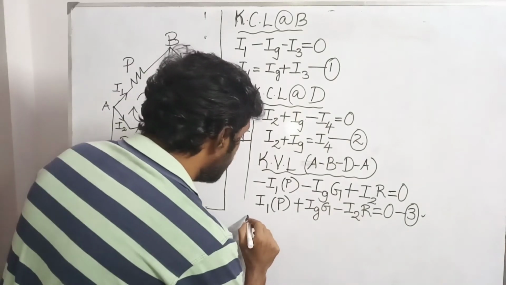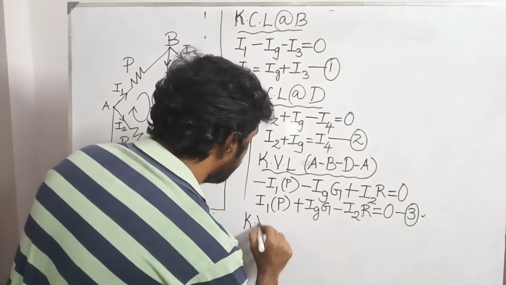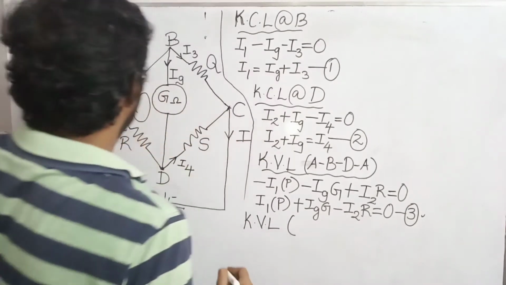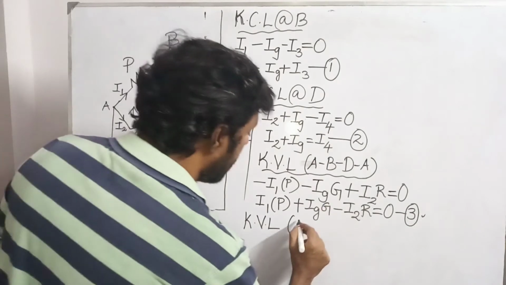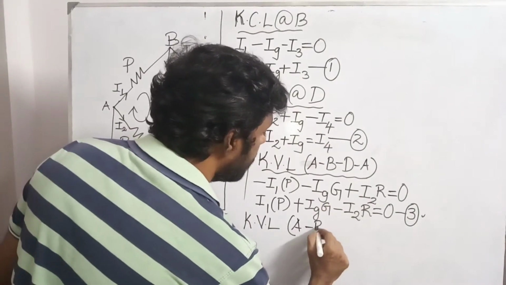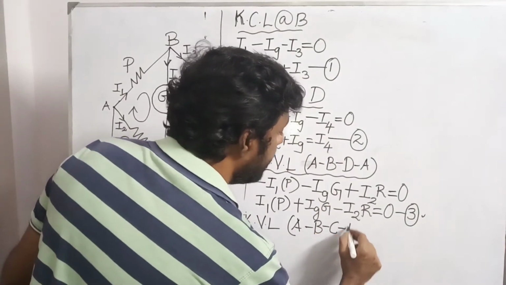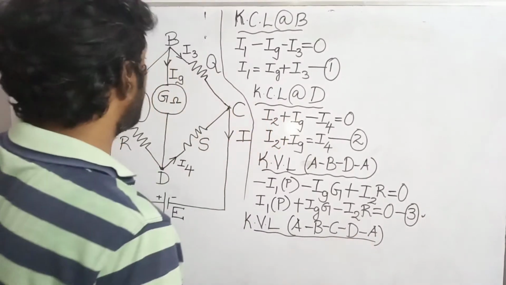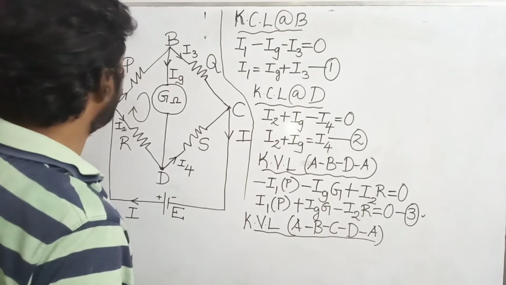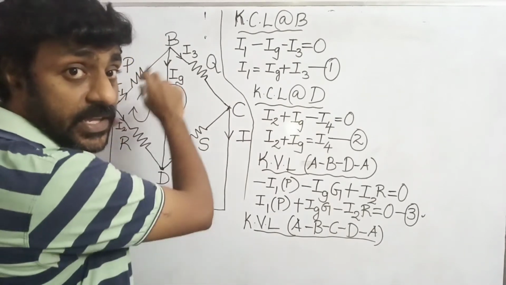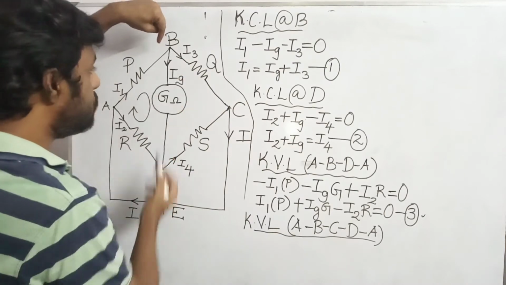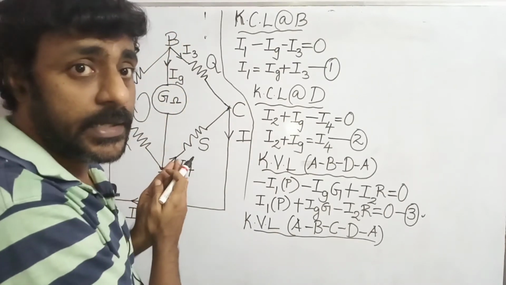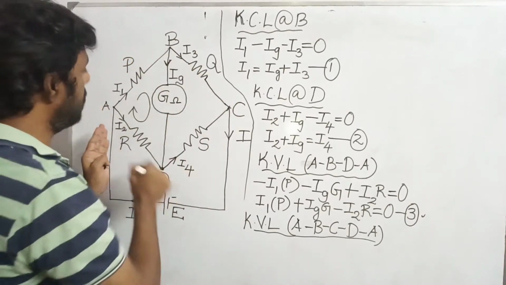Now I am going to apply KVL for the loop A, B, C, D, A. I am applying it for this entire loop. While considering this entire loop, this branch BD will be neglected. I am neglecting this branch where the galvanometer has been connected and I am considering only this closed network.